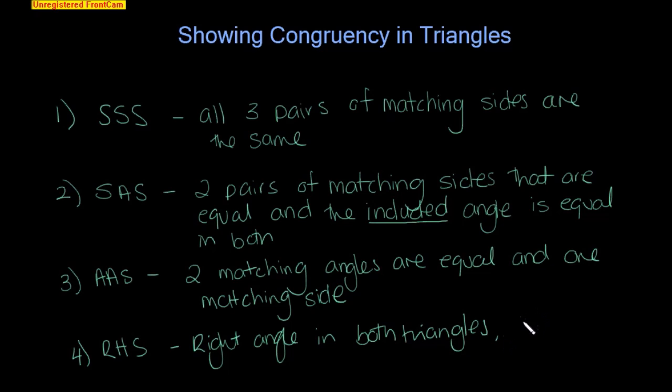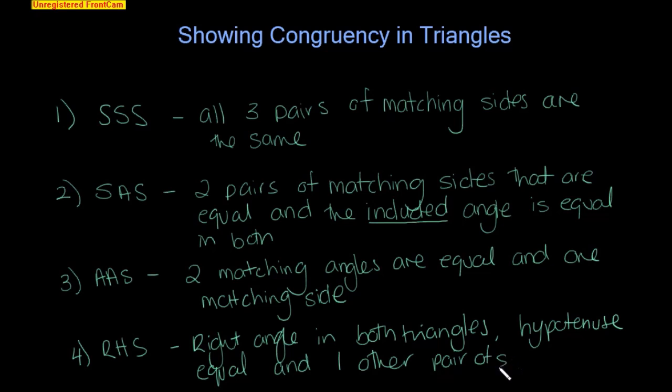We need the hypotenuse, so the hypotenuse equal, and 1 other pair of sides have to be equal. Okay, so they're the 4 tests we're going to be using at this level.